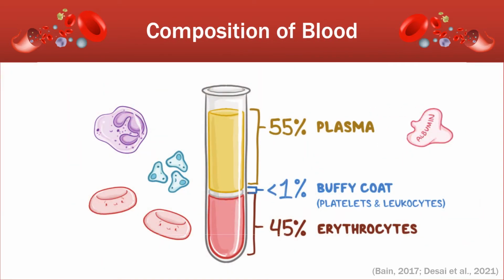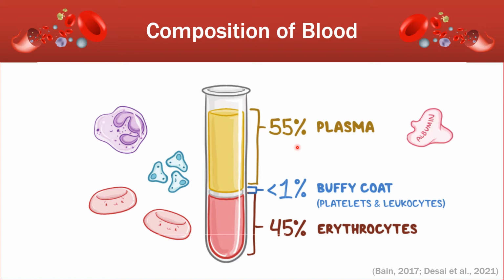So before we go any further, I wanted to throw in this slide that really illustrates those three distinct layers of a centrifuged blood sample and kind of highlight the concentrations and the main jobs of each layer. So if we were to start at the top at this plasma layer, we notice that it has the highest concentration in the blood content at 55%.